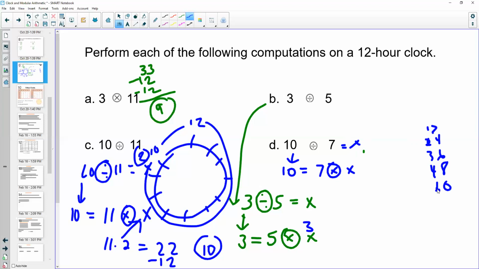I could get 10 hours past there. So if I did 10 more than 60, I'd get 70. So 7 times 10 would be 70. 70 minus 60 would give me 10 left. That's my remainder of 10. So that's my answer. 10 divided by 7 on the clock is actually 10.